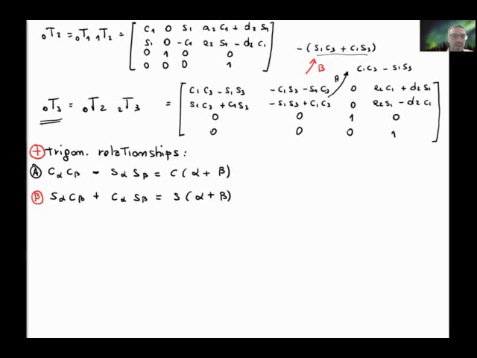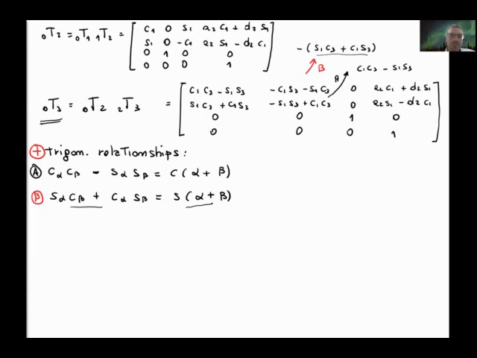Here we have cosine of 1 cosine of 3 plus cosine of 1 sine of 3, which in essence is the sine of 1 plus 3.